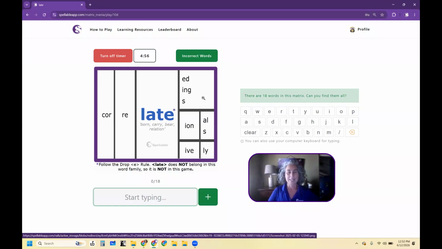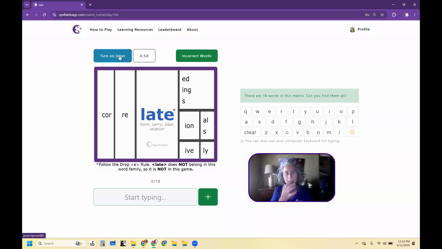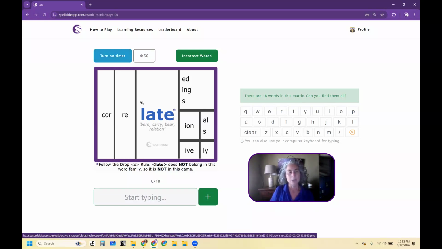So this one is based on the word LATE, and really the target word in this matrix is relative. The hard thing about relative is that sound, like what spells it. Any vowel combination could spell that at any point, depending on where the stress shifts or is placed in our words.